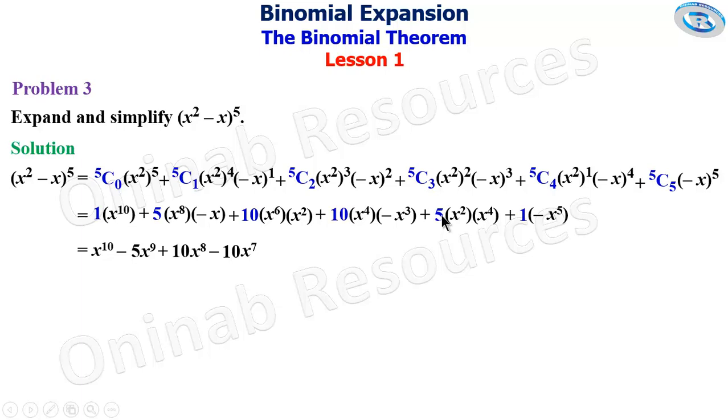Then the next one is going to be positive, so that's going to be plus 5 x raised to power 6. 2 plus 4 gives 6. Then finally minus x raised to power 5. So we have expanded and simplified the binomial expansion represented in problem 3.